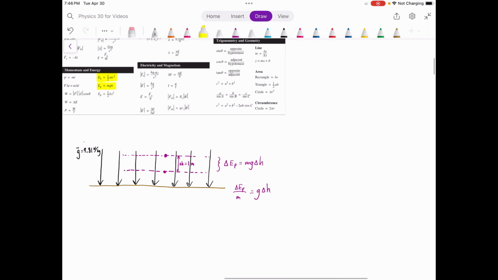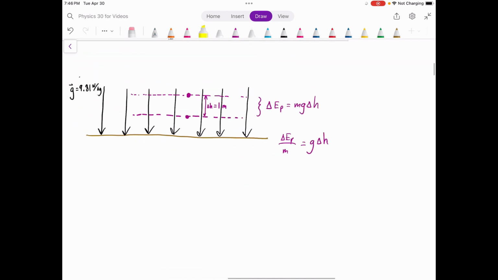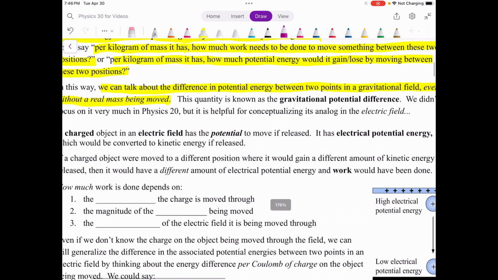You'll notice, what are the units of this quantity? Well, energy is measured in joules, mass is measured in kilograms. So doesn't that make sense? We were talking about the amount of energy change it would have for every kilogram of mass that it had. So this quantity would be measured in joules per kilogram.